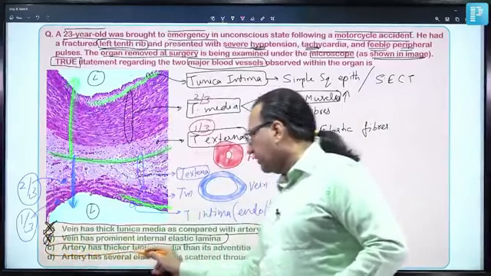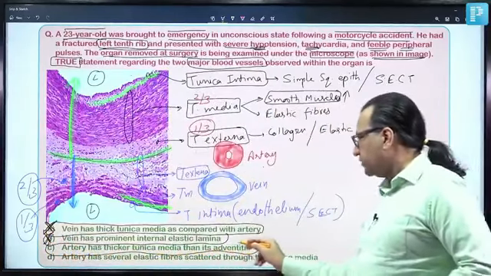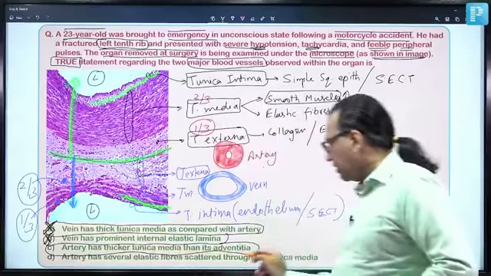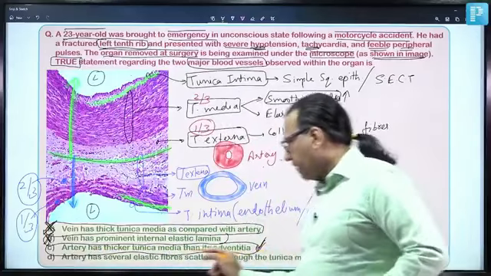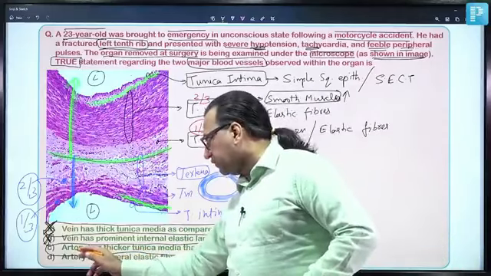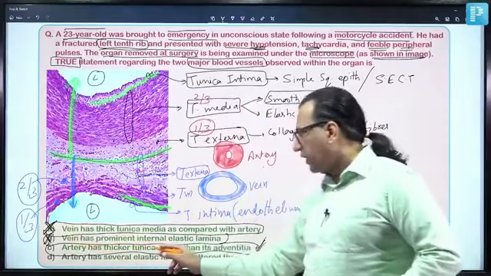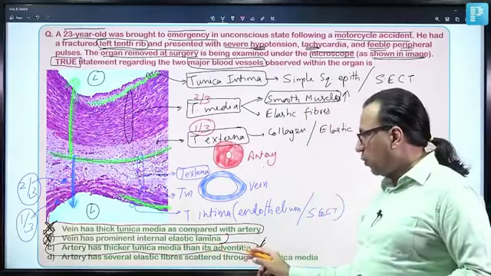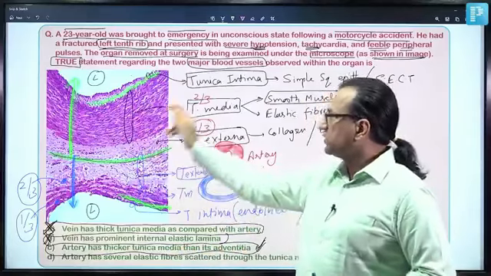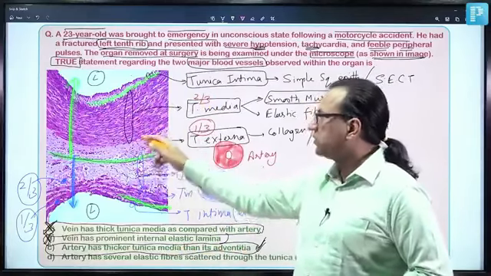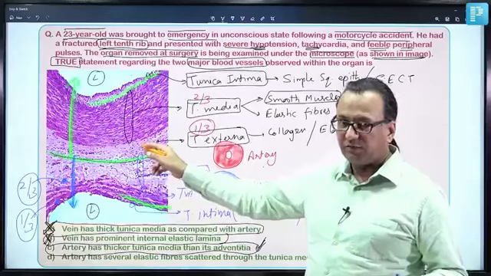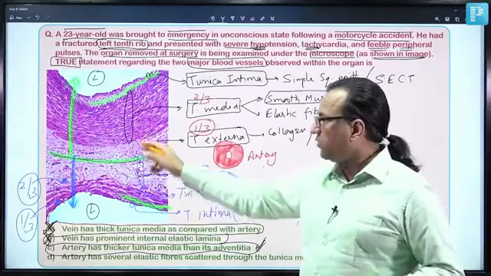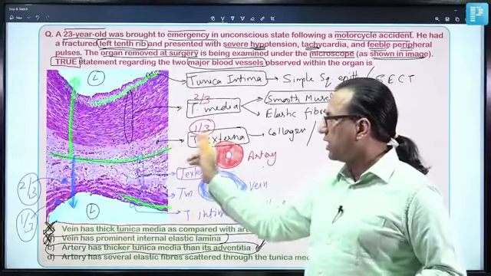Now, if B is also a wrong statement, what about choice number C? Is the artery having thicker tunica media than its adventitia? And for that, I can say it is a correct statement because we have already seen the ratio in an artery: tunica media is 2/3, tunica externa, which is also called tunica adventitia, some connective tissue, some collagen fiber, elastic fibers, was 1/3.